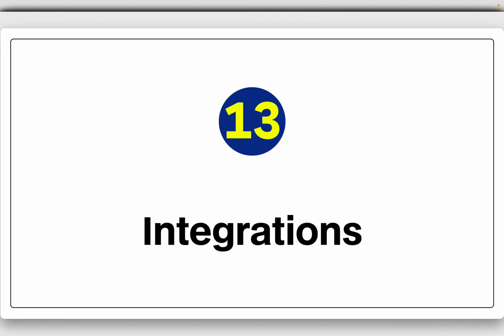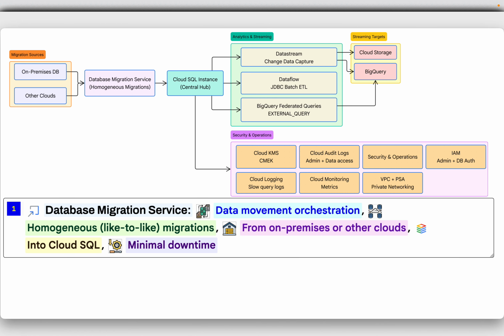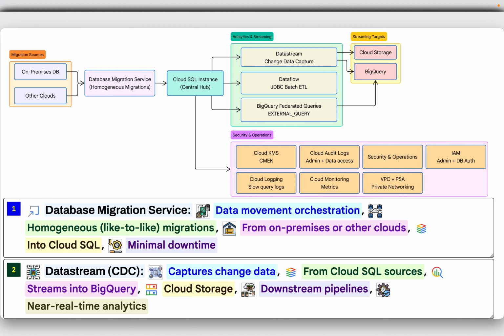13th topic is integrations. For data movement, Data Migration Service orchestrates homogeneous, which is like-to-like, migrations from on-premises or other clouds into Cloud SQL with minimal downtime. Datastream captures change data from Cloud SQL sources and others and streams it into BigQuery, Cloud Storage, or downstream pipelines.